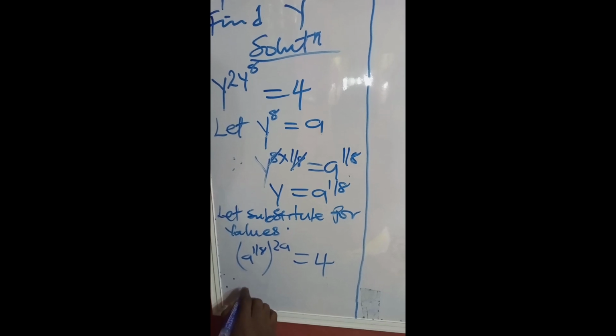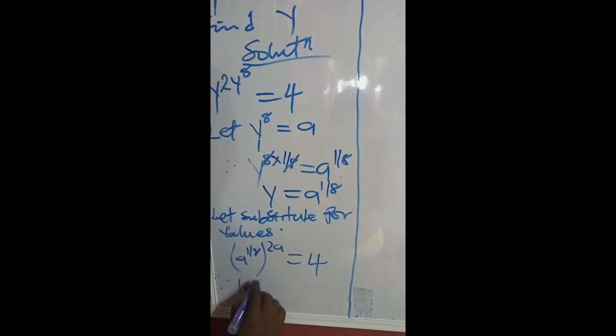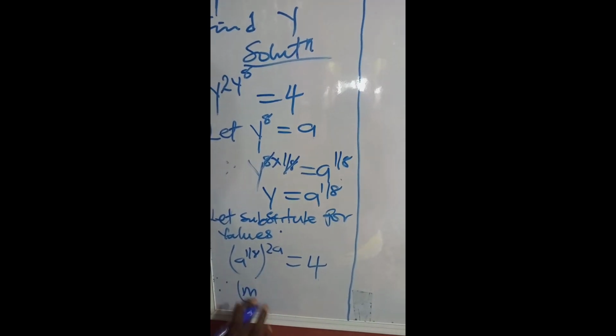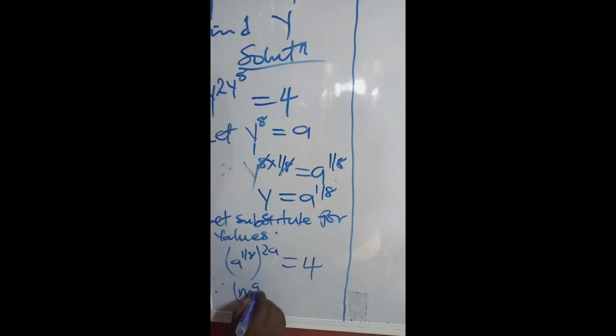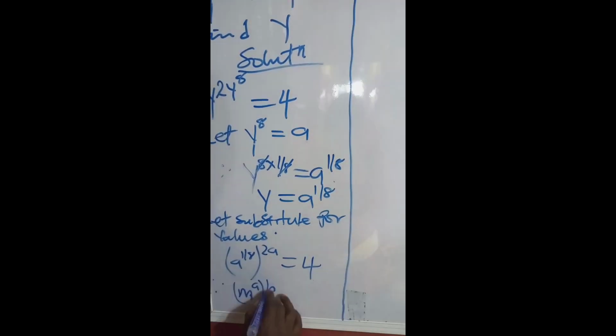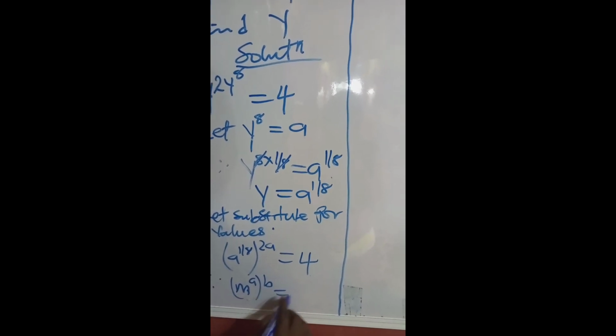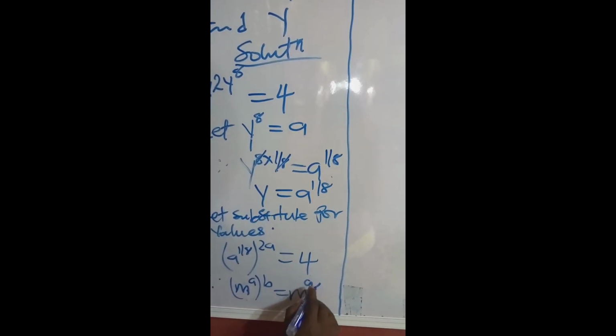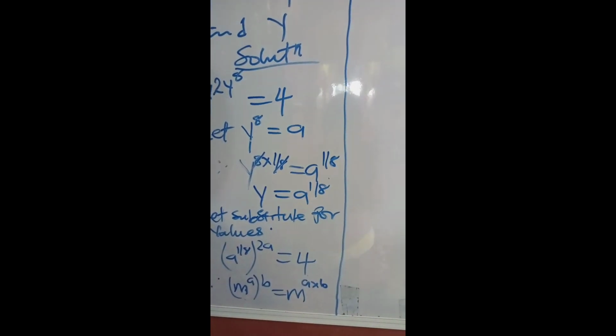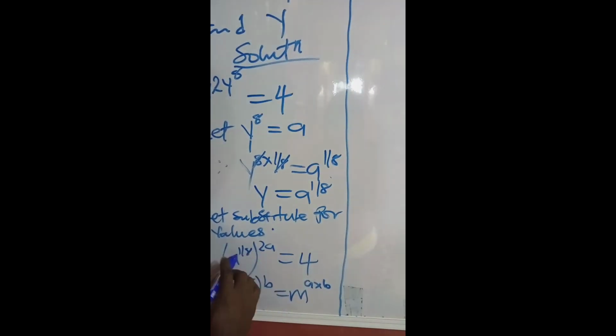The double power law is when we have m raised to power a, raised to power b. It is the same thing as m raised to power a times b.